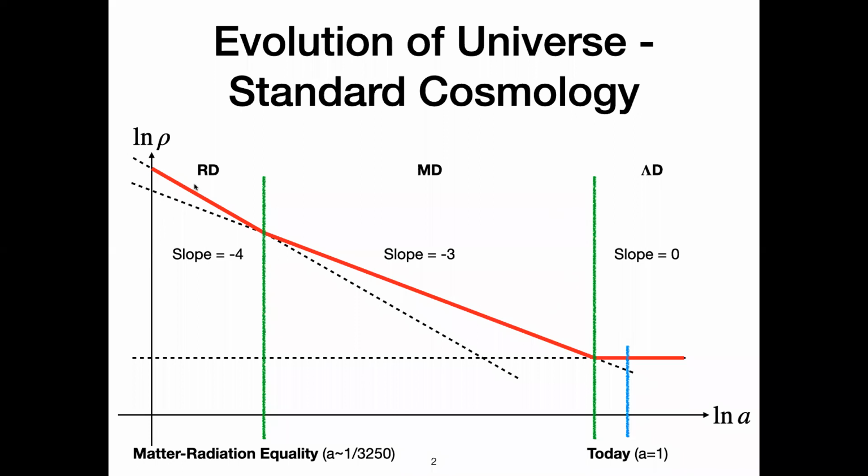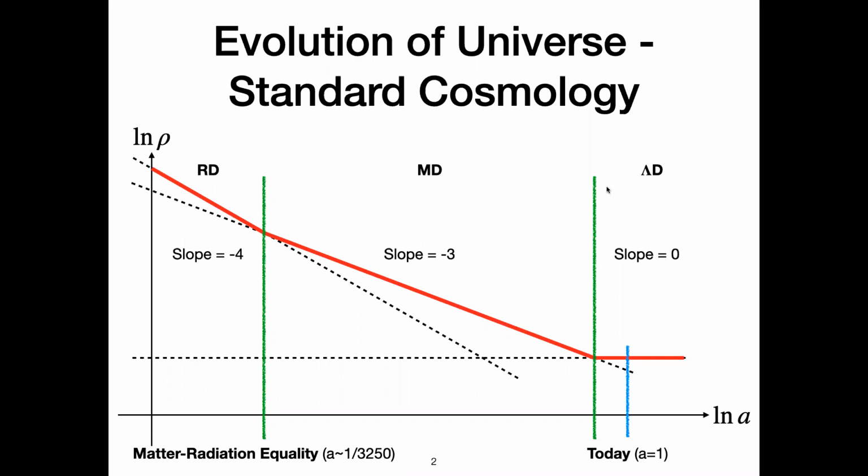This graph shows the various stages of the evolution. Until some point, the universe was radiation dominated, so the electromagnetic radiation was the major constituent of the universe. Then after some time, it became matter dominated, that is, dark matter and normal ordinary matter were the major constituents.